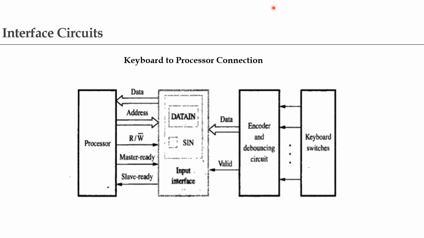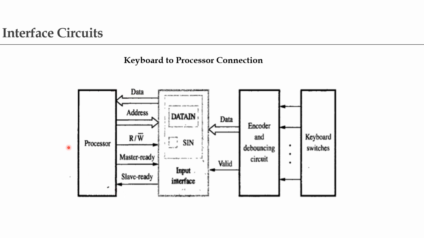The interface converts the data if necessary and places the 8-bit scan code on the data bus. An interrupt signal notifies the processor that new data is available. The processor reads the scan code from the data bus.